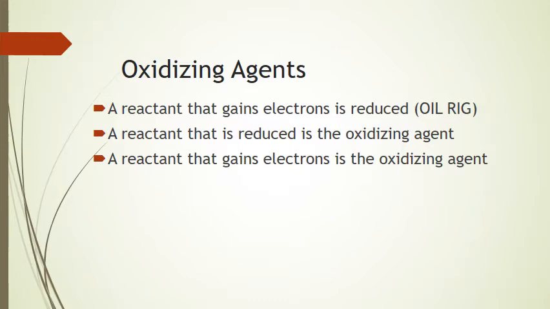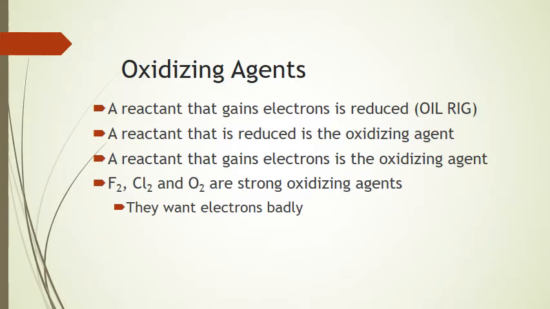Look for the element that is gaining electrons. That is the oxidizing agent. Fluorine, chlorine, and oxygen are very strong oxidizing agents. That's where the name comes from. Oxygen is a strong oxidizing agent. All of these want electrons badly.